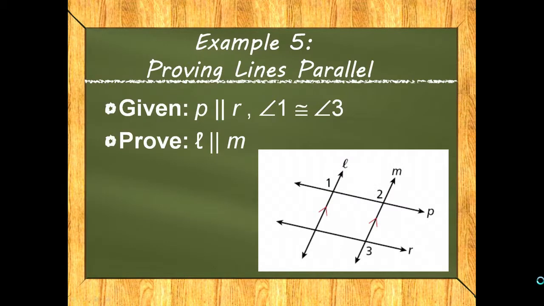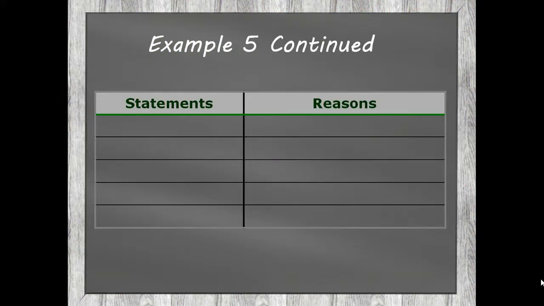Let's look at another one. We're given that P is parallel to R and angle 1 is congruent to angle 3. We want to also prove that L and M are parallel. So, P is parallel to R because it's given.